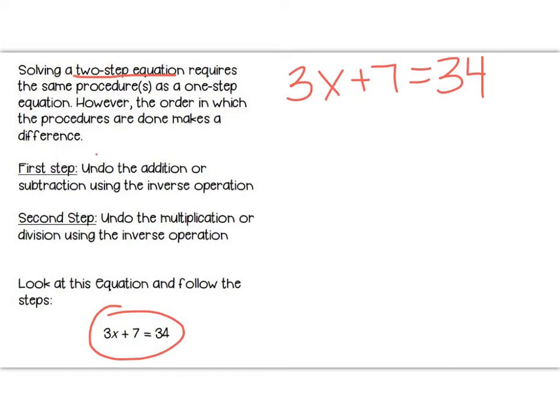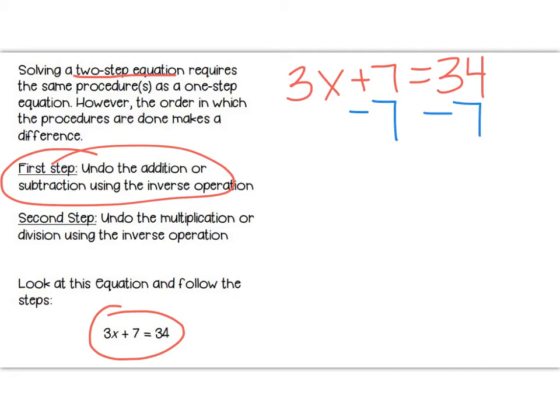The first step is to undo any addition or subtraction. So I'm going to look at this problem and see what is being added or subtracted. And I can see that 7 is being added. So I need to undo the addition by subtracting. So I'm going to subtract 7 here and subtract 7 here. And then we're going to solve.